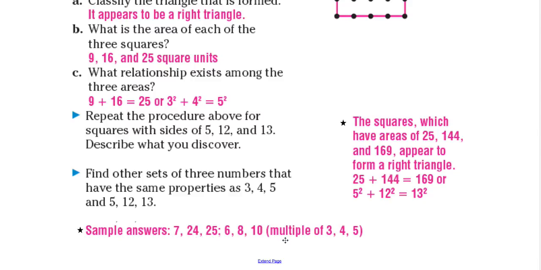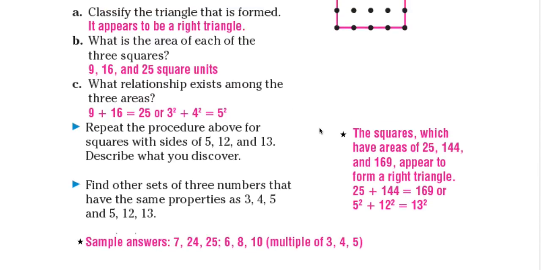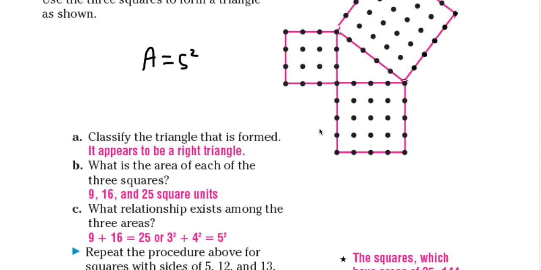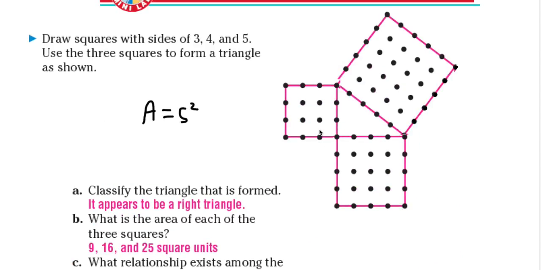And if you notice, all multiples of 3, 4, and 5 will also work. So a 9 by 9 square, a 16 by 16 square, and a 25 by 25 square will also work. So those are sample answers for the activity we just demonstrated.